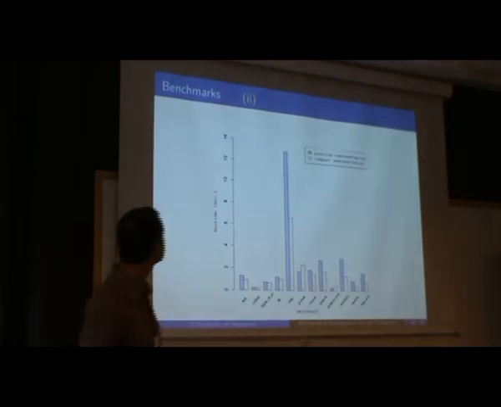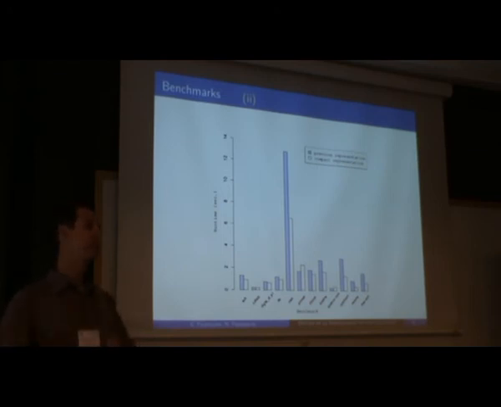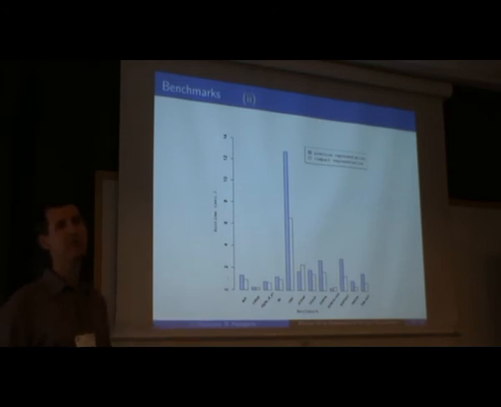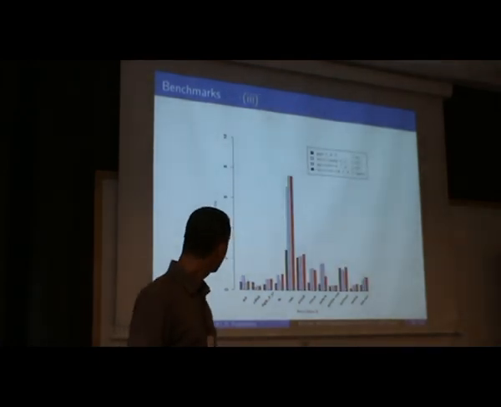So this shows us that the compact representation is much better than the previous representation, even in execution time. Of course, we would expect it to be much better in terms of memory usage, but except for a couple of benchmarks, it is much better even for runtime.